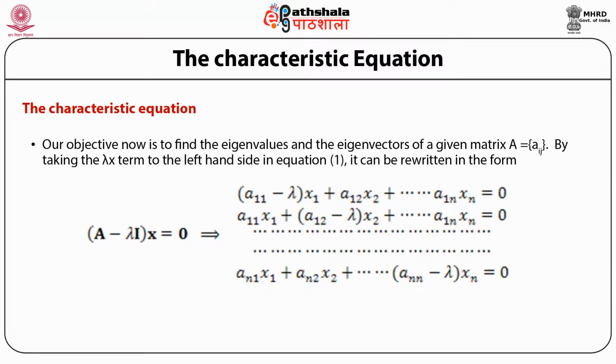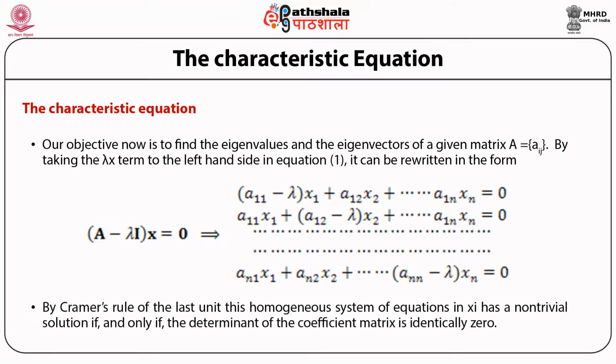A21 x1 plus A22 minus lambda into x2 plus so on till A2n xn is equal to 0. The last equation being in a similar way An1 x1 plus An2 x2 plus so on till Ann minus lambda times xn is equal to 0.